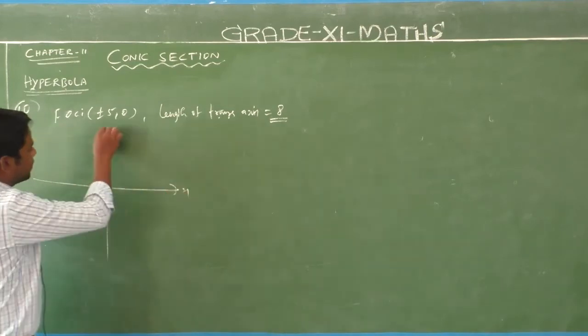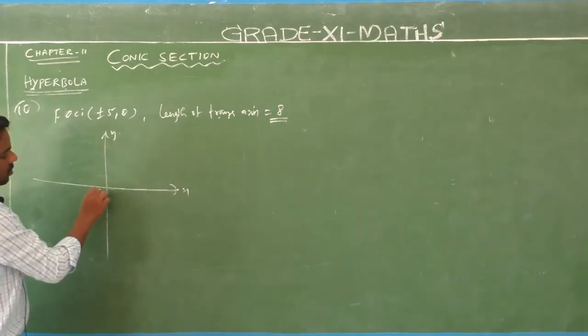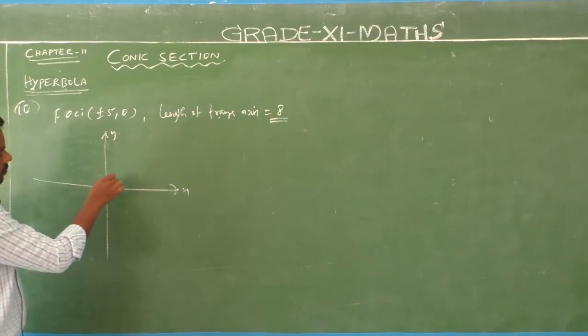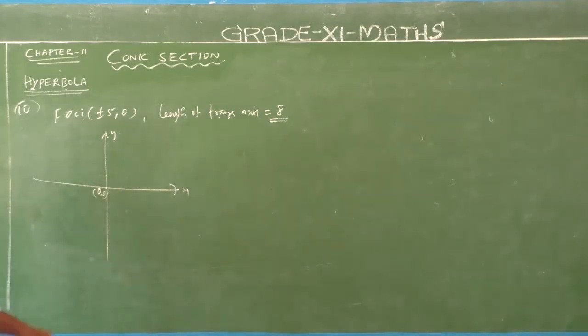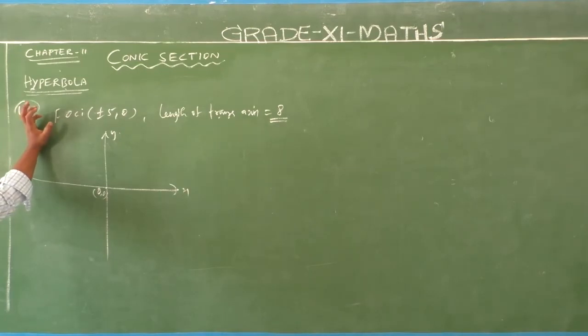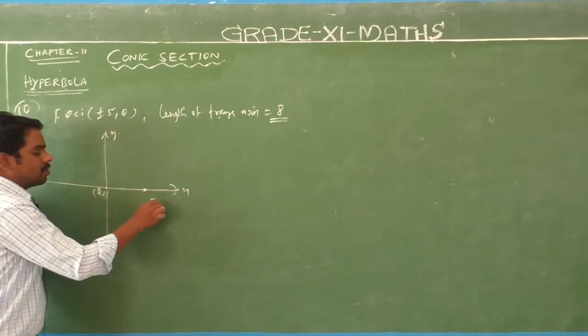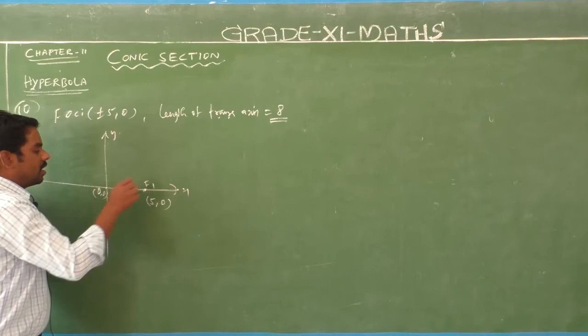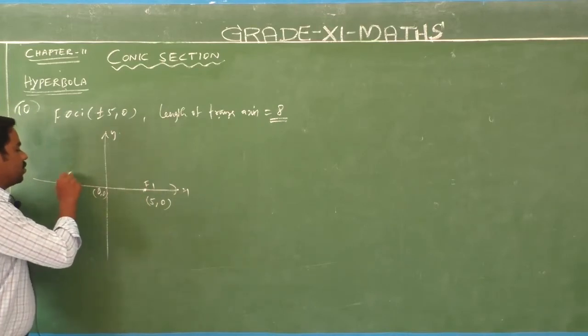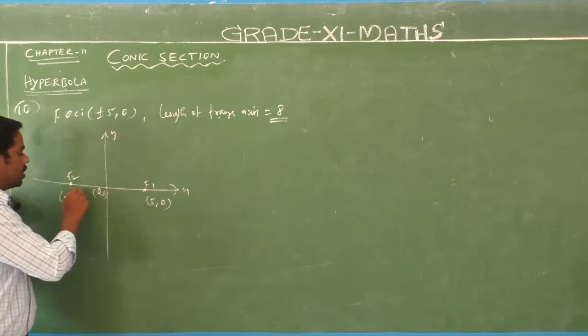Plot these points. This is the x-axis, the y-axis, and 0, 0 is the origin, the center. The foci are plus or minus 5, 0, the given information. So plot the points plus 5, 0 and minus 5, 0. This is plus 5, 0, F1, and this is F2, minus 5, 0.